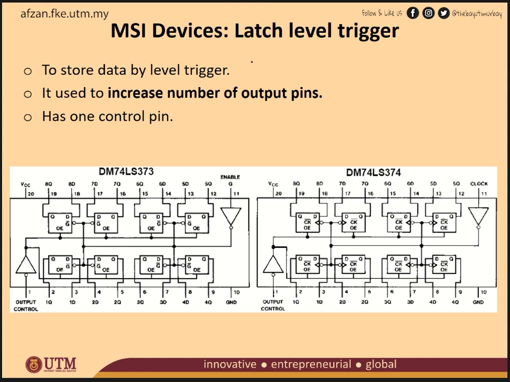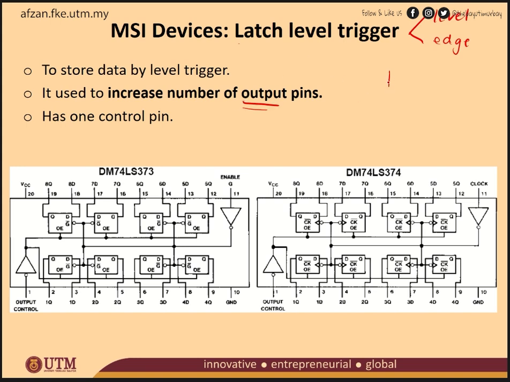All right, and then we have a latch. The latch is going to store data by level trigger. You have 2 types of latch: one is level trigger, the other one is edge trigger. For the details on how level trigger and edge trigger work, you can refer to your digital electronics. This latch is used to increase the number of output pins.